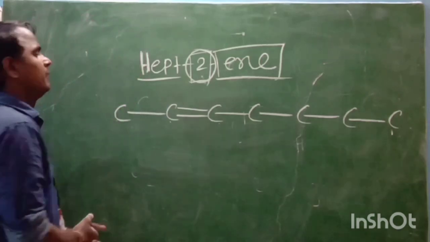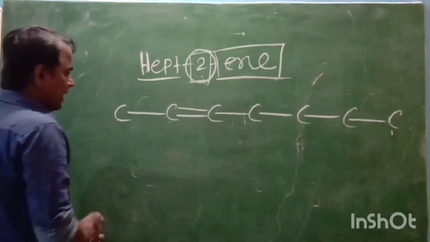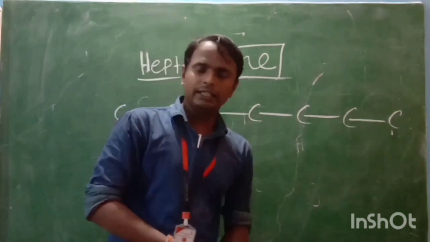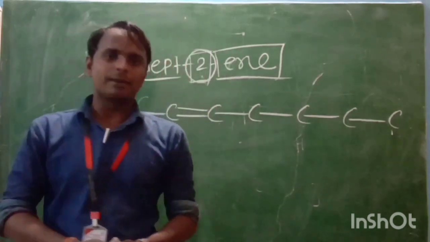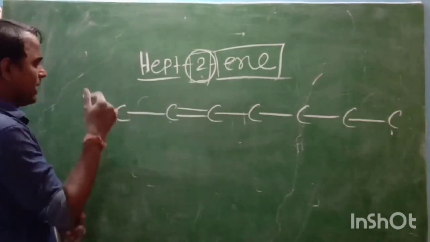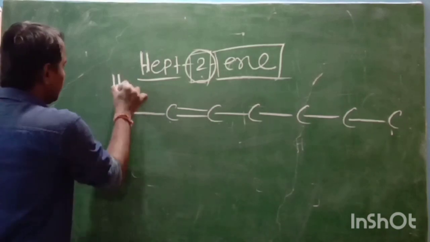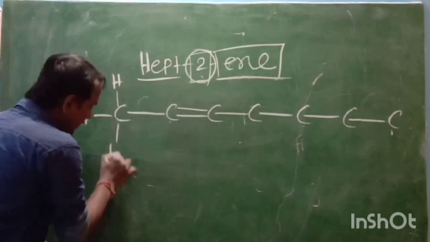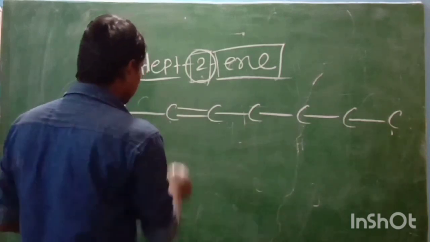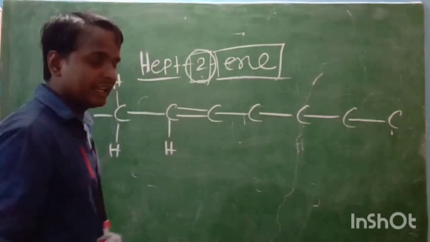Next, fill the valency. How do we fill the valency? We again repeat that we fill the valency of carbon with hydrogen. Here the carbon forms 1 bond and 3 bonds are left, which are filled with hydrogen atoms. Here the carbon forms 3 bonds, 1 bond is left, filled with a hydrogen atom.